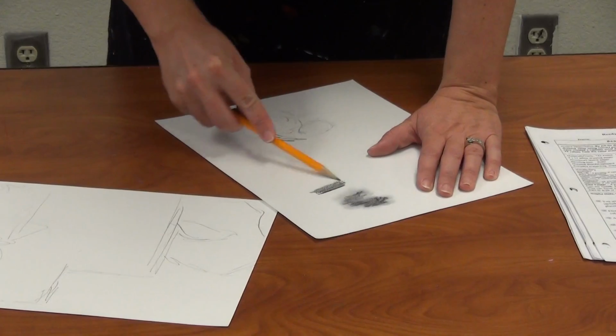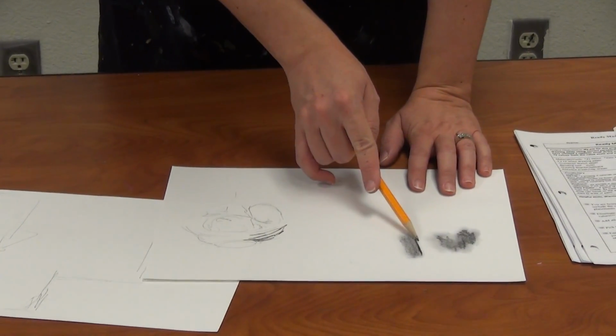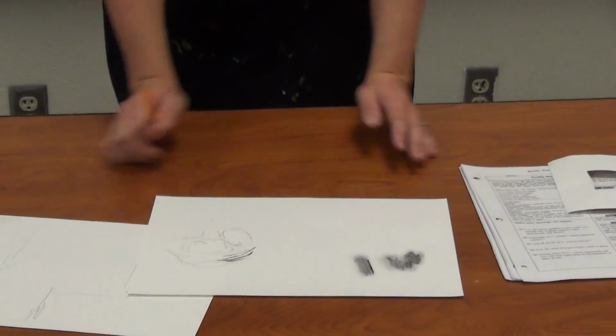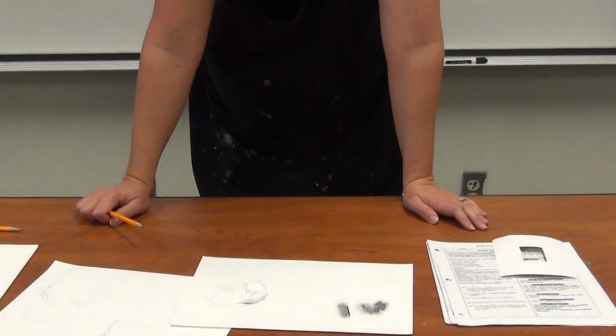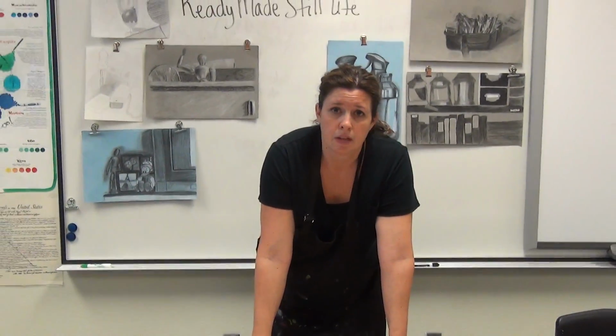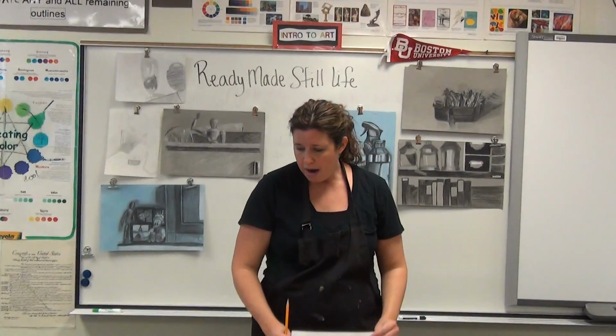If you only go in one direction, you're going to find that it looks very striped when you're trying to do value changes. We don't want stripes. We want gradual dark to light, and then eliminating all remaining outlines. So hopefully that'll work well for you.